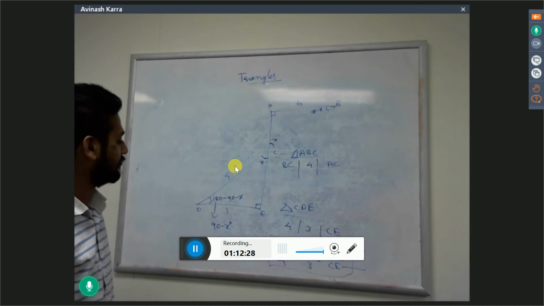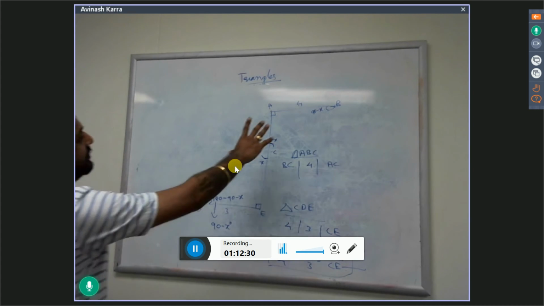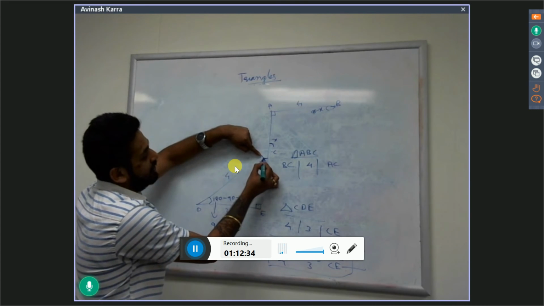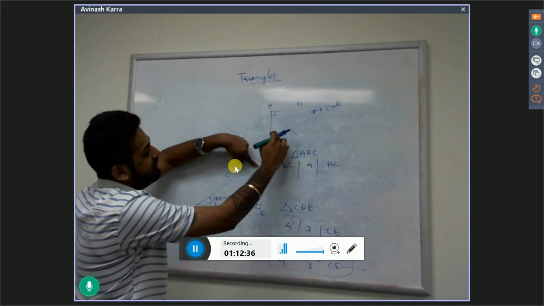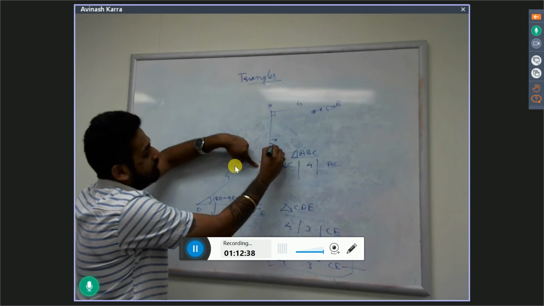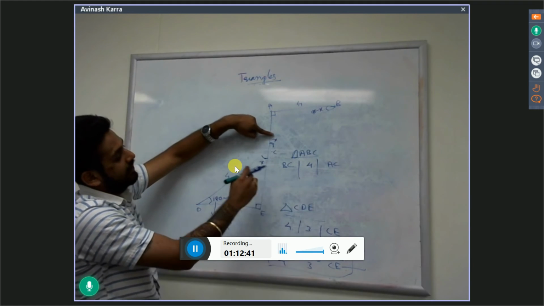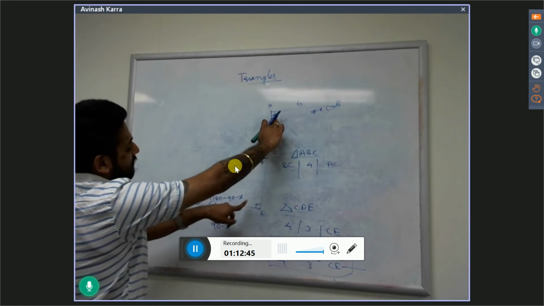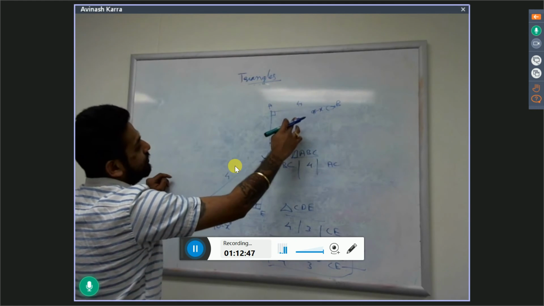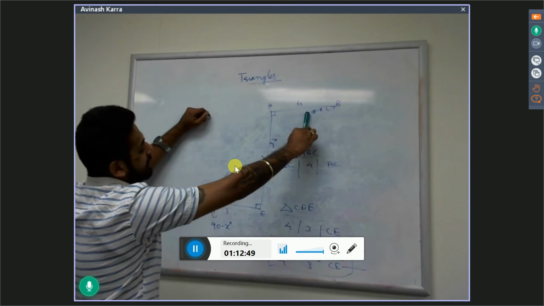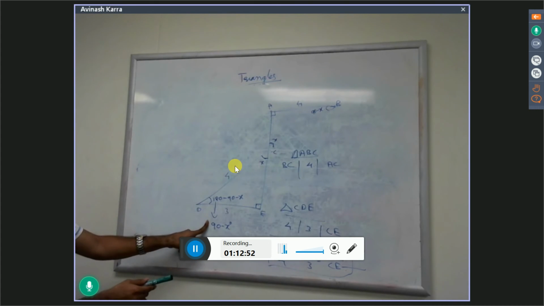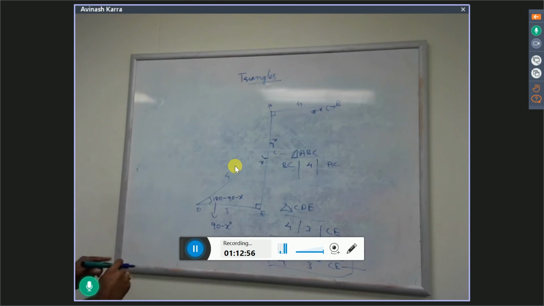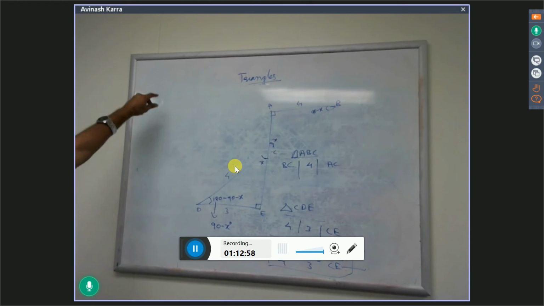No, it's clear. See, first, I'm checking whether the triangles are similar or not. How I found it? See, if I consider this as x, as it's a vertically opposite angle, what will it be? x. So, sum of all angles will be 180, and the third angle will be 90 minus x, and over here also it will be 90 minus x. So, these two triangles are similar from the property of similarity.